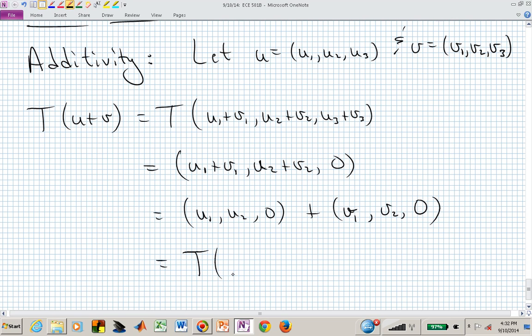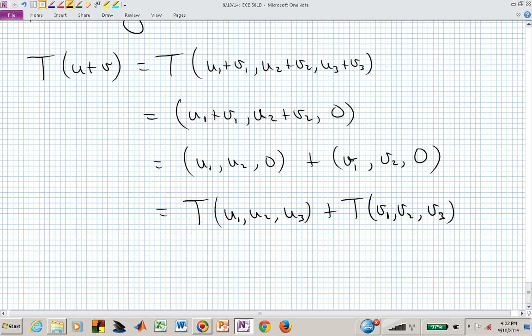And that's simply T of U1, U2, U3 plus T of V1, V2, V3, which is T of U plus T of V. And that is satisfying the additivity property. What about homogeneity?